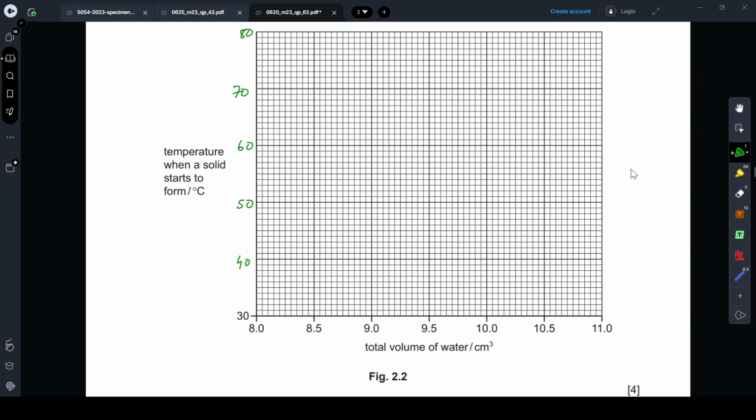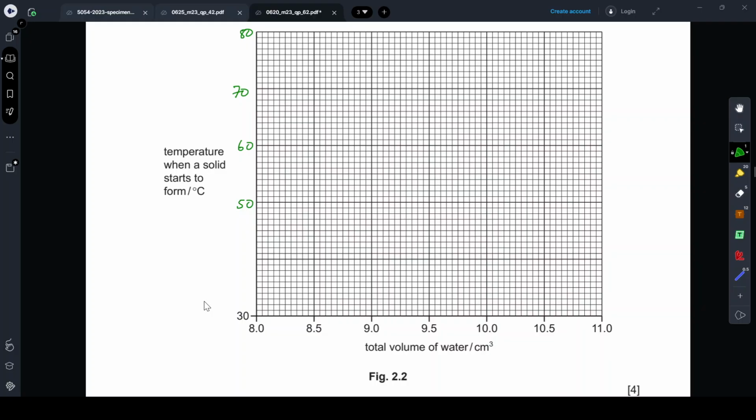Do you understand how I just quickly figured out what scale to use? There's a 10 degree difference. They've given you a starting point, and what you're noticing over here is that neither of the axes is starting at 0. What we're taught in our younger classes is that the axis needs to start at 0.